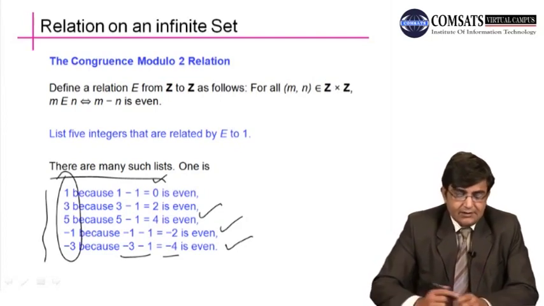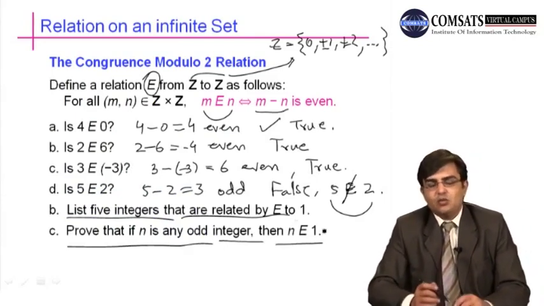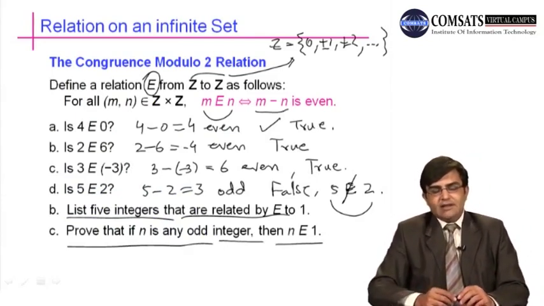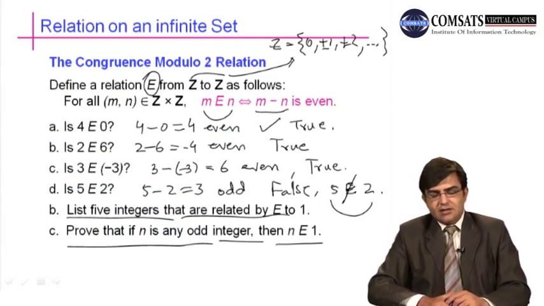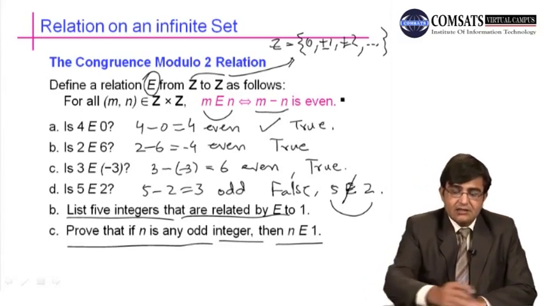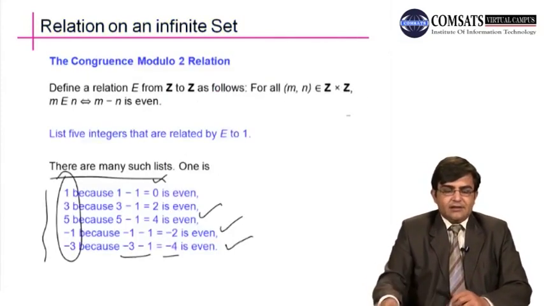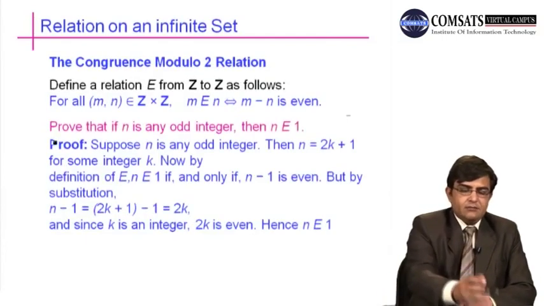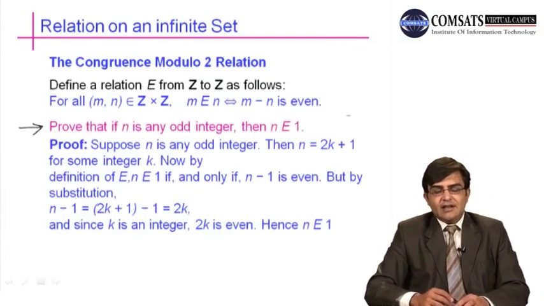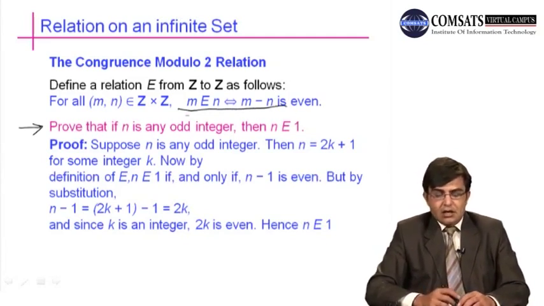The last case is to prove that if n is any odd integer, then n is related to 1. In this last part, we have to show that if n is any odd integer, then n is related to 1 under this relation. How do we prove it?